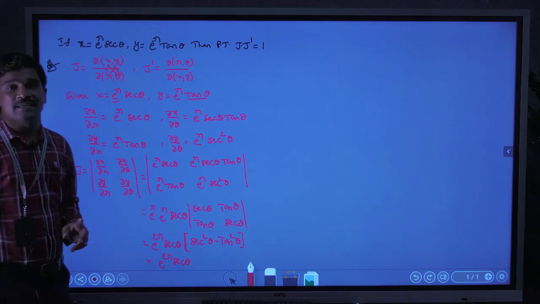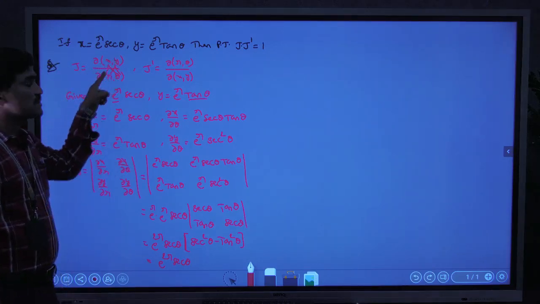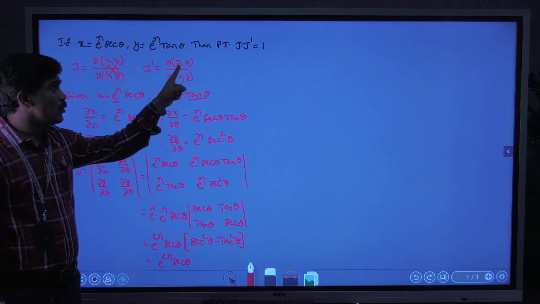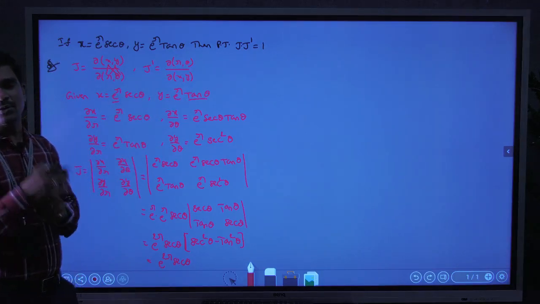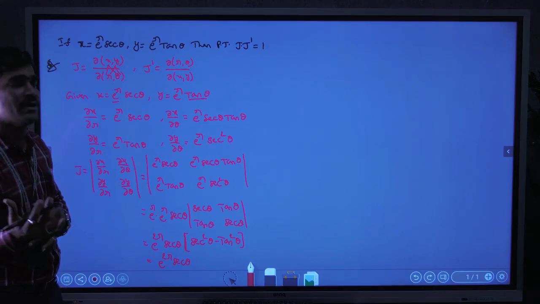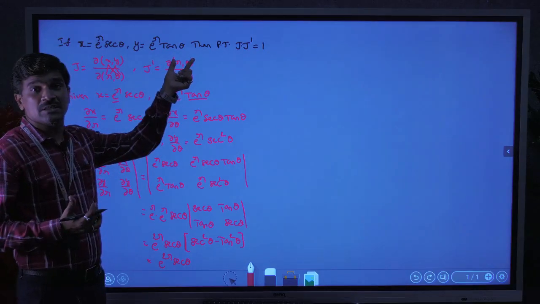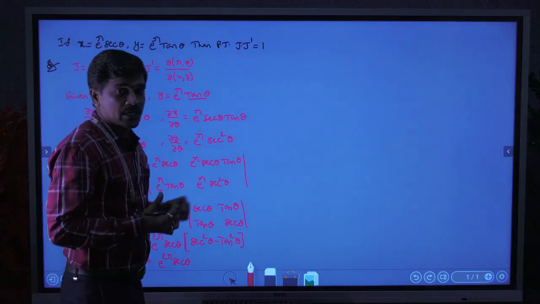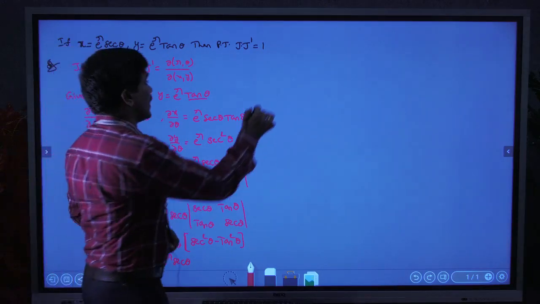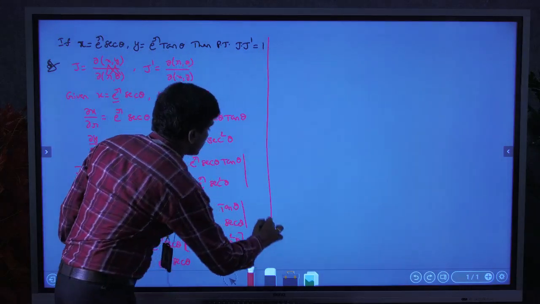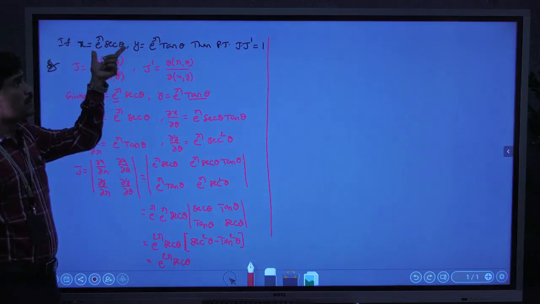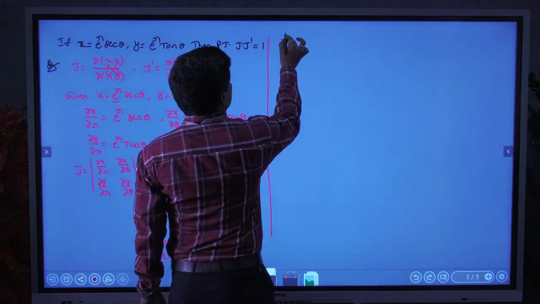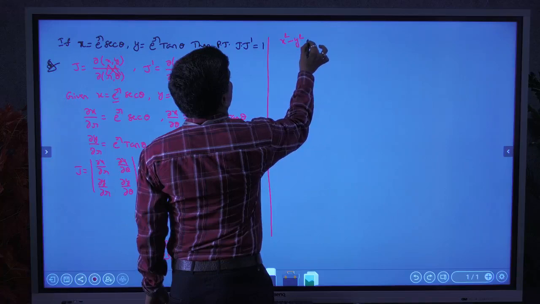So this is the Jacobian J, ∂(x,y)/∂(r,θ). Now next we have to calculate ∂(r,θ)/∂(x,y). So first of all write r, θ as functions of x and y. So how to write r, θ as functions of x, y, right? The given one is x equals e^r sec θ, y equals e^r tan θ. Now write x squared minus y squared.